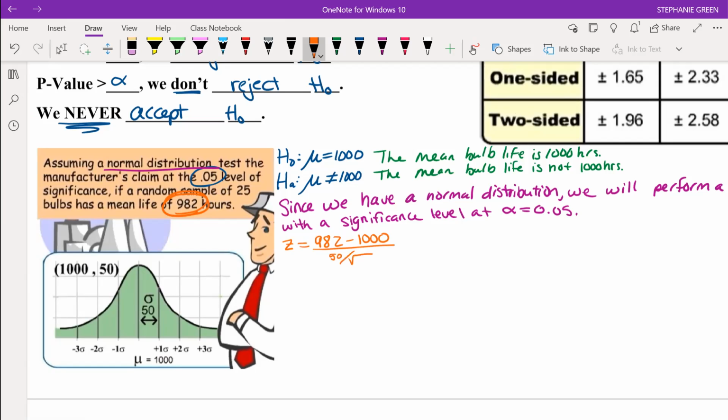There were 25 bulbs sampled, and that gives me a z-score of negative 1.8.